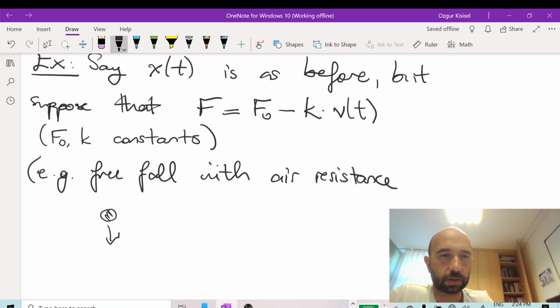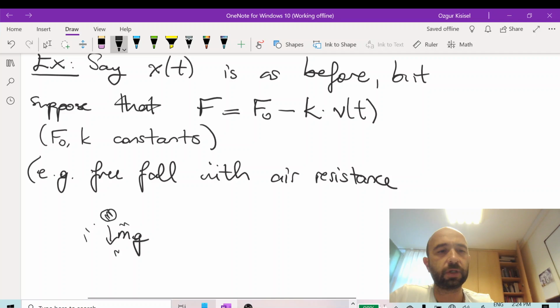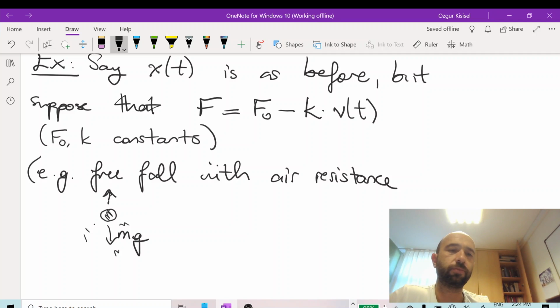But now, if there's air here, you'll have some opposite force that opposes the motion, right? So you can think of this mg like the F0 above. And this opposing force is assumed to be, this is not a physical fact, this is just an assumption, a model. It's assumed to be directly proportional to the velocity.